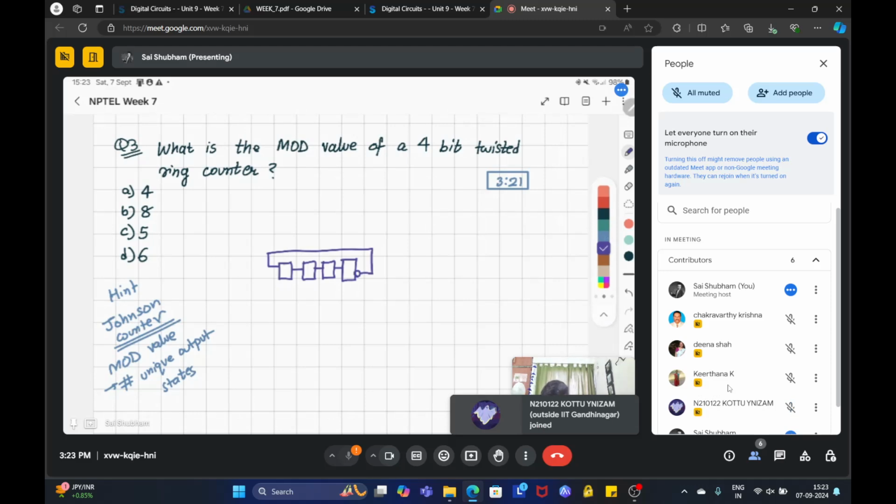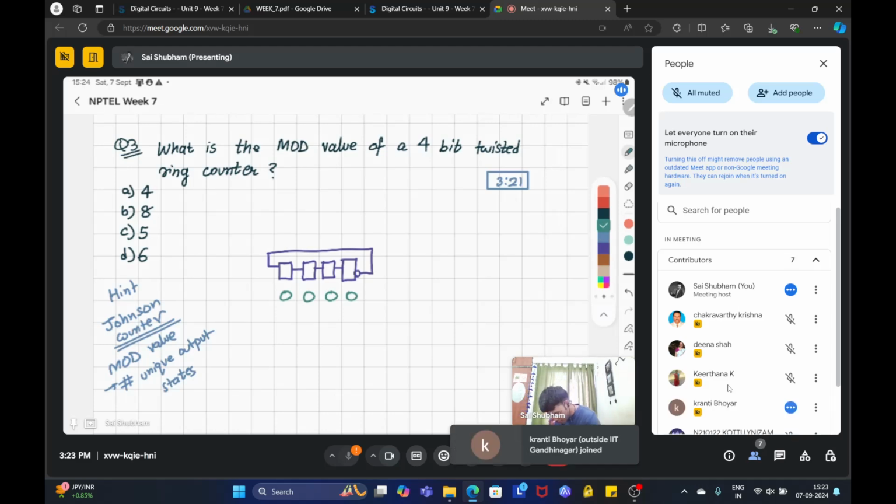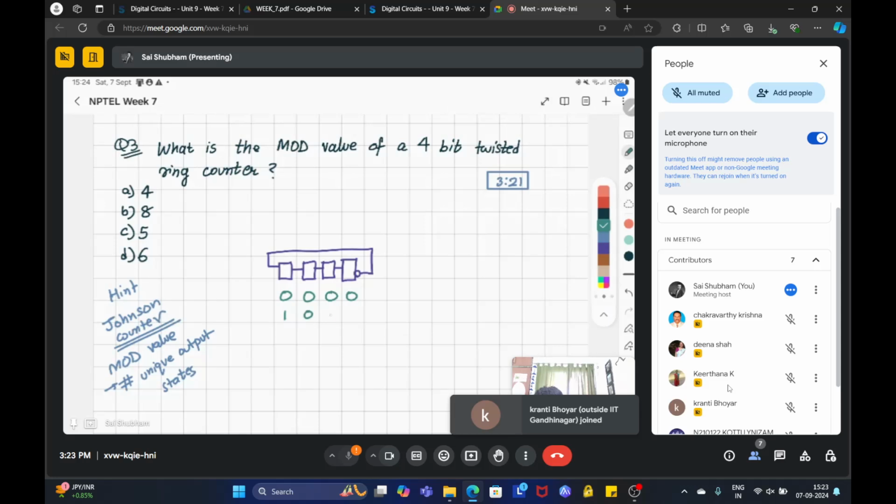Suppose the initial states are 0 0 0 0, then the Johnson counter will work like this. Because this is 0, its NOT is 1, so this 1 will be fed to the first flop.